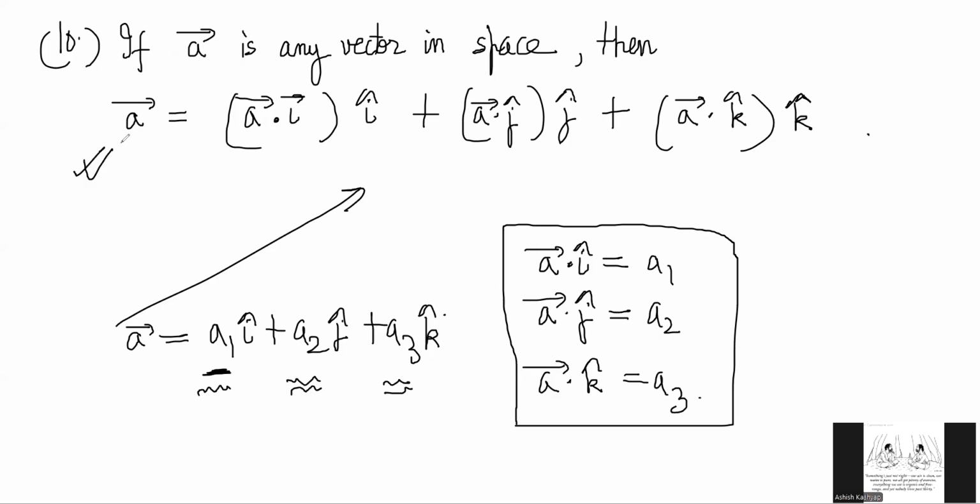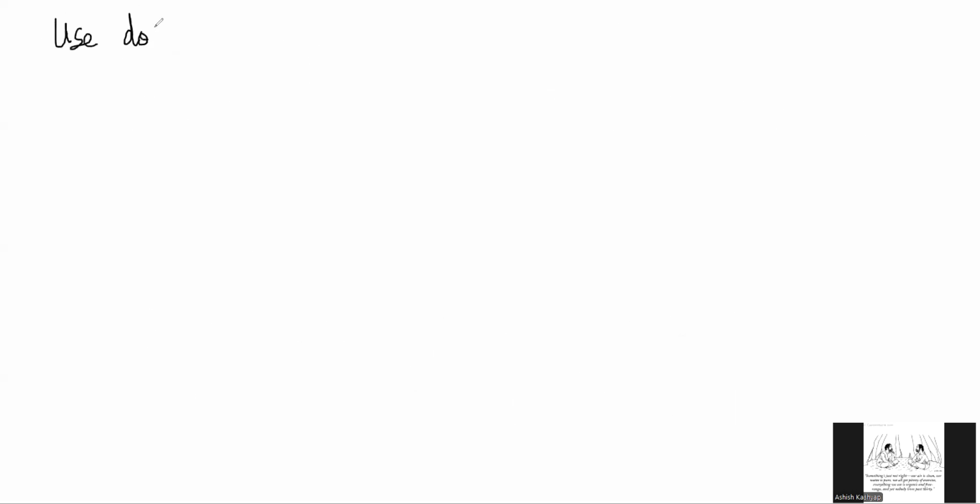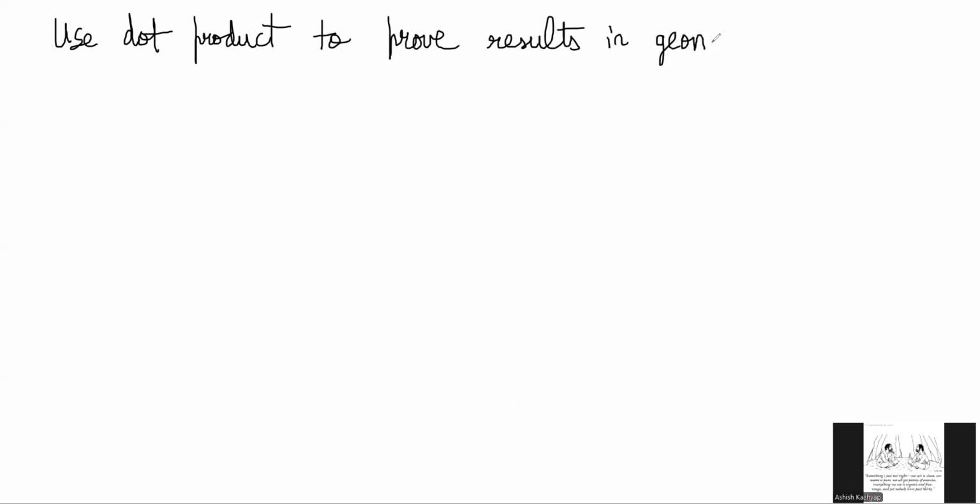Right. Now, the next thing that we want to do is to use dot products to prove some geometrical results, to prove results in geometry. So this shows us how important the whole idea of dot product is, that we can prove non-trivial results in geometry using this dot product idea, right?